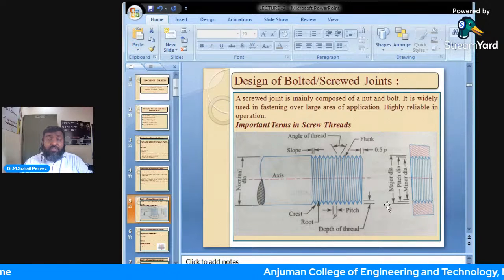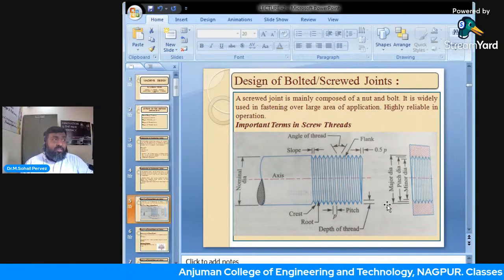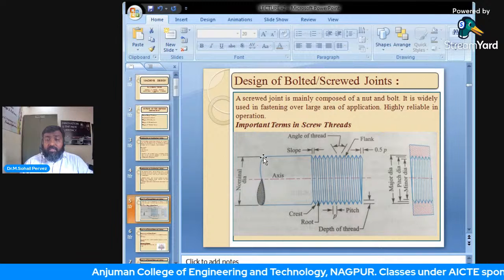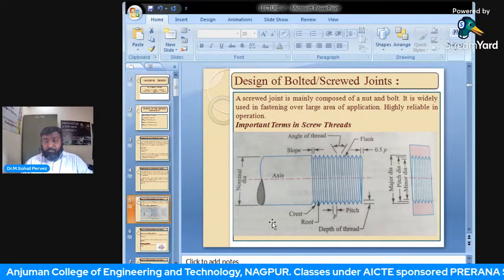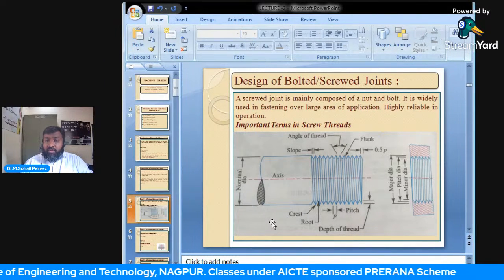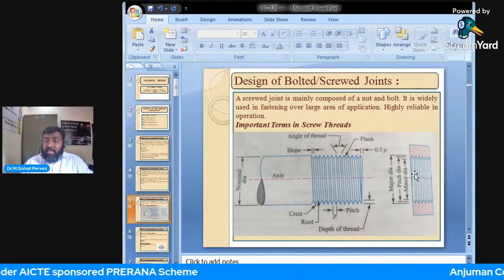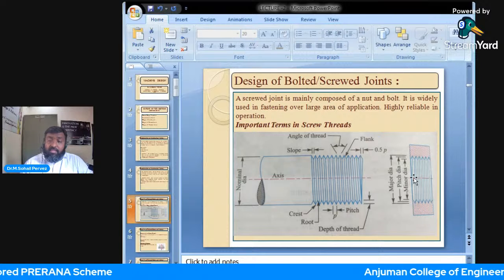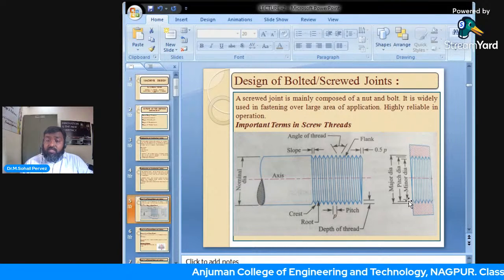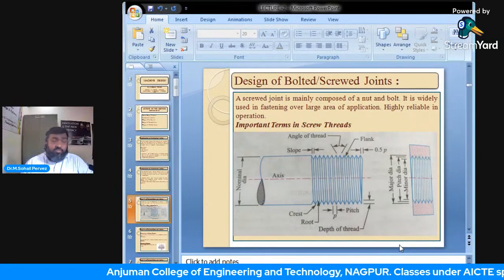Then different diameters we generally or nominally use. That is nominal diameter, the outside diameter. The outside diameter is known as major diameter or nominal diameter. The smallest diameter is known as minor diameter, and there is an average diameter known as pitch circle or pitch diameter.